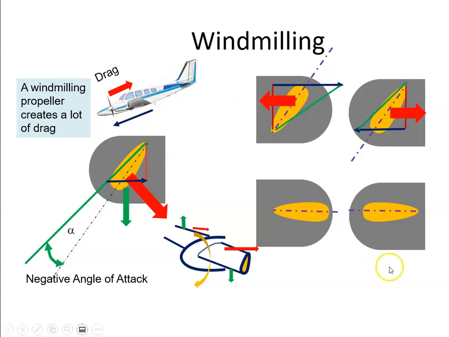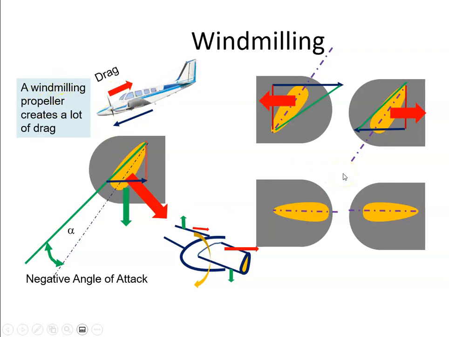And when this happens, the chord line is parallel to the relative airflow. So this is the airflow coming in, and there is no angle of attack. And if there's no angle of attack, there's no thrust, and if there's no thrust, there's no torque. If there's no torque, then the propeller can't rotate. So the propeller will remain stationary, and there will be no thrust, so there will be no drag due to this windmilling propeller.